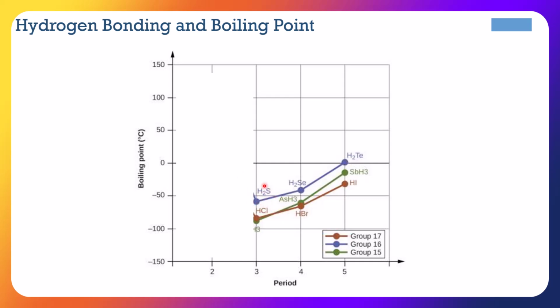So this sulfur hydrogen has a low boiling point. Selenium hydrogen has a higher boiling point. Tellurium and hydrogen has a higher boiling point. So as we go down the periodic table, boiling point goes up.